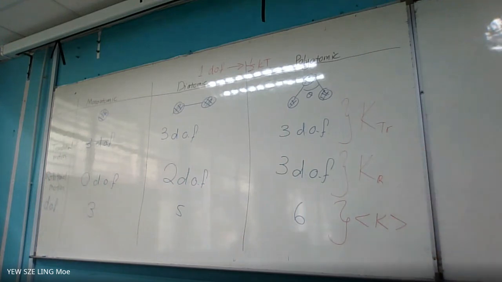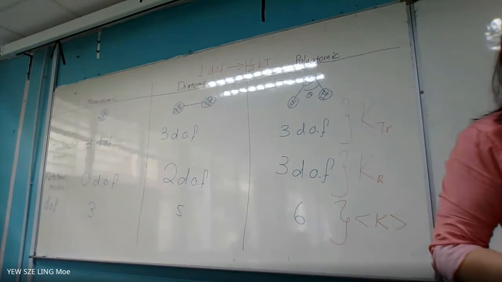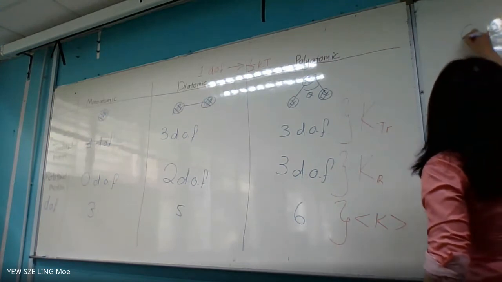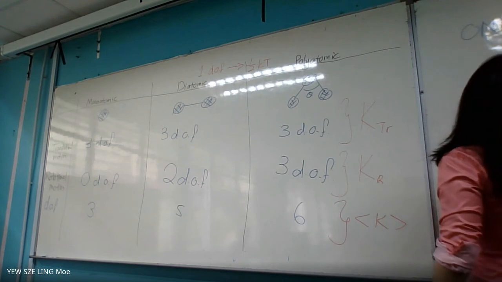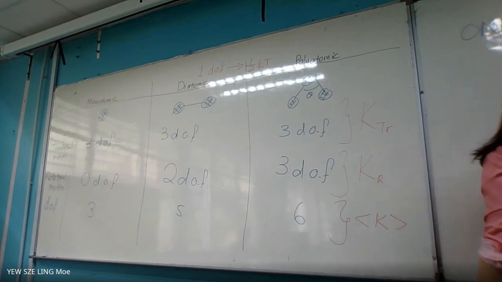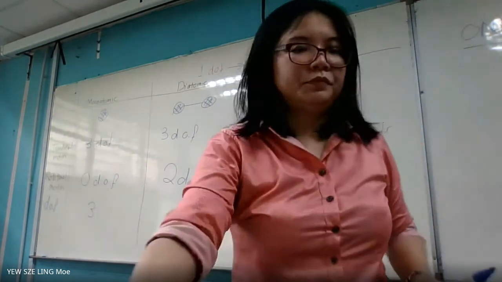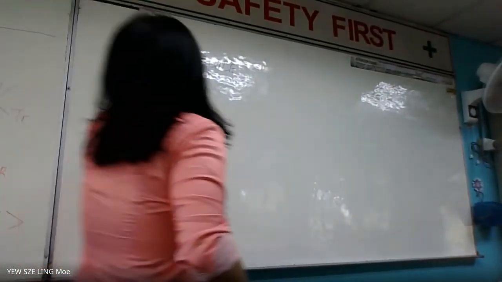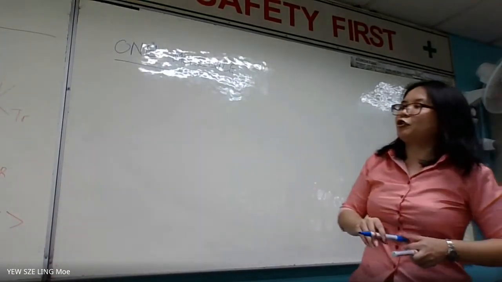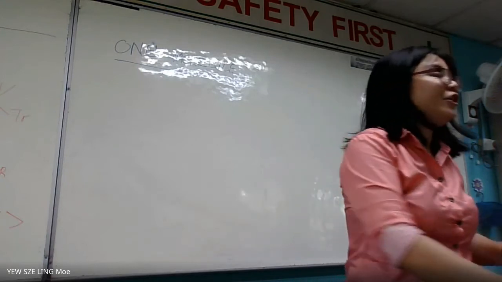If you're looking at 1 molecule, it has 3 degrees of freedom of translational motion.